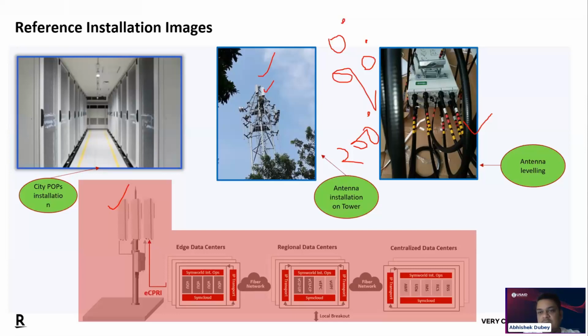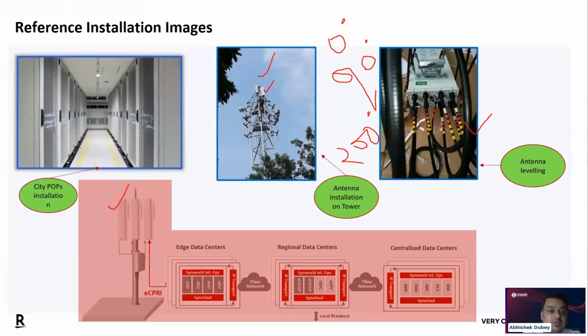Maybe it could be a small jumper cable, 1 meter, 2 meter or 3 meter, but you have to follow this labeling procedure to ensure that there is no swap in the jumper cable. Always remember, and always follow this procedure. So this is one part which you are focusing on for site installation.